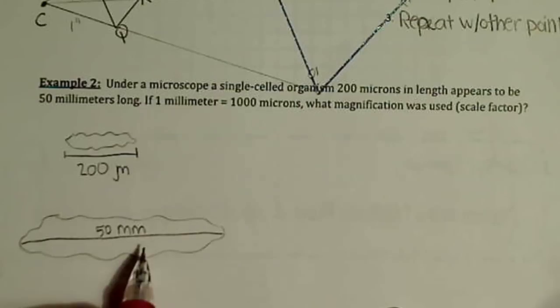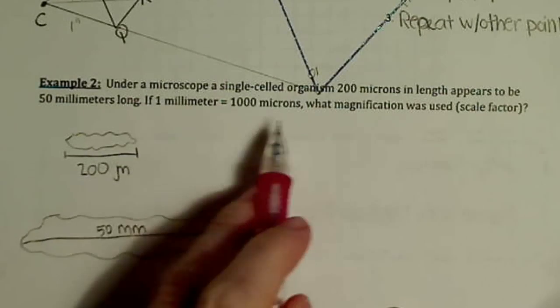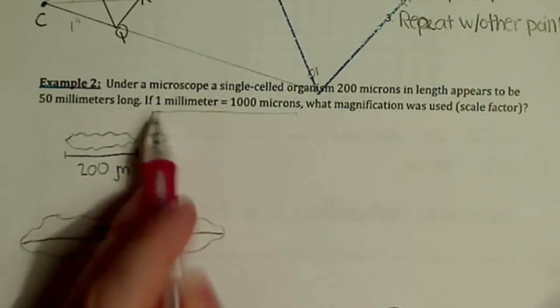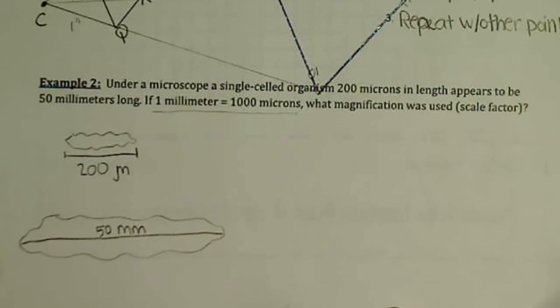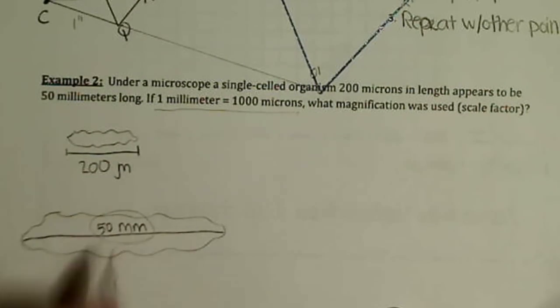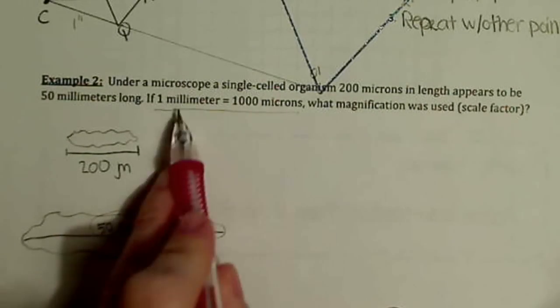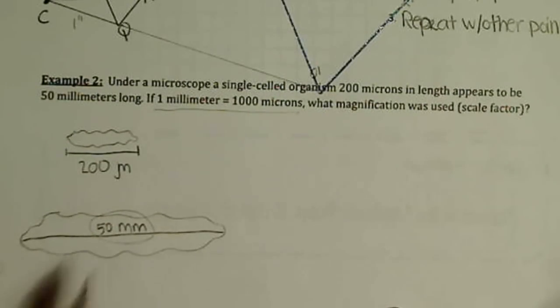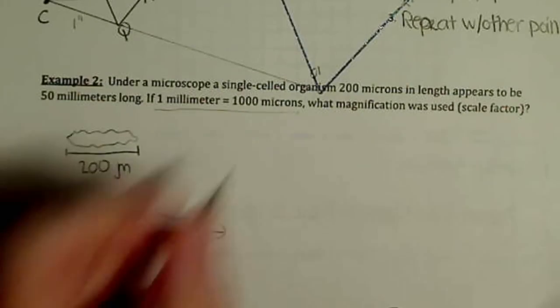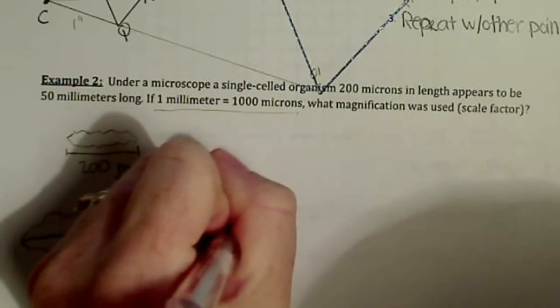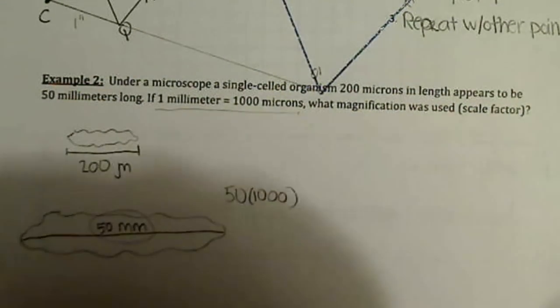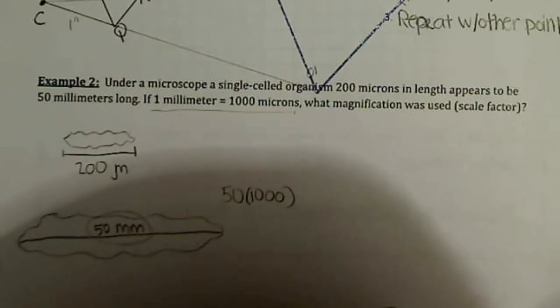So since my original shape was in microns, I need to change millimeters to microns. Well, how do I do that? Well, if 1 millimeter is 1,000 microns, I can multiply 50 times 1,000, and what do I get?